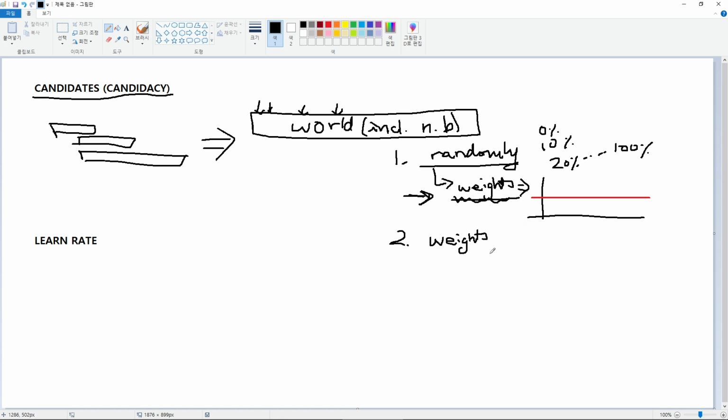However, I cannot use random.sample because it doesn't accept the weights argument. So I had to use random.choices, not choice but choices, because this one accepts weights.